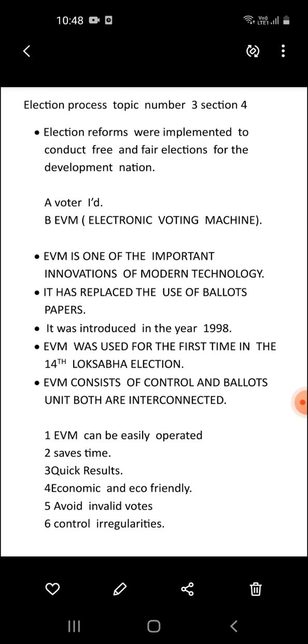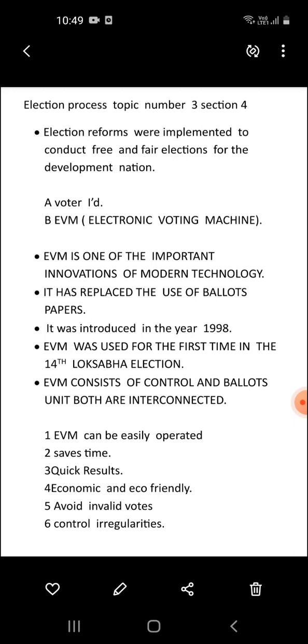In the previous class, we have already studied what is the voter ID. That means voter identity card. I am repeating it once again. It was T.N. Seshan who introduced the voter identity card between 1990 and 1996 in order to conduct free and fair elections and to remove evil practices like corruption and bogus voting.